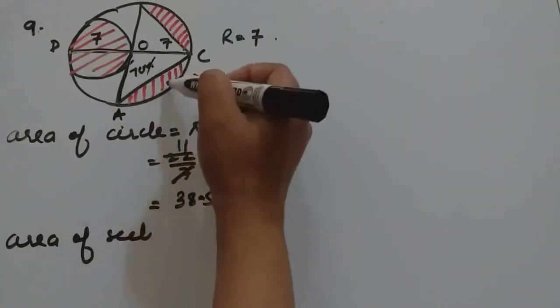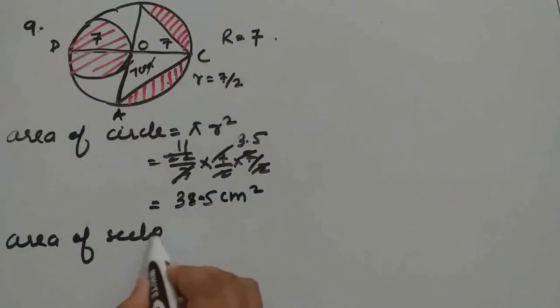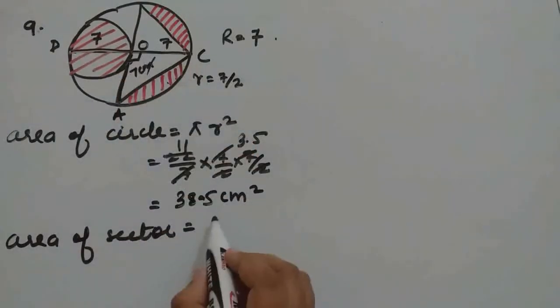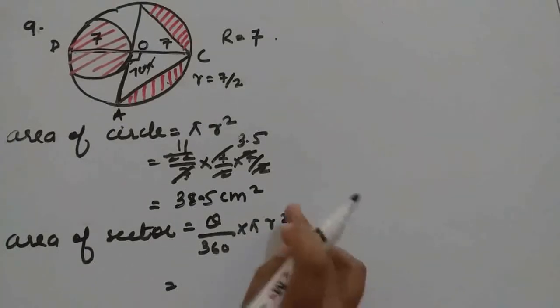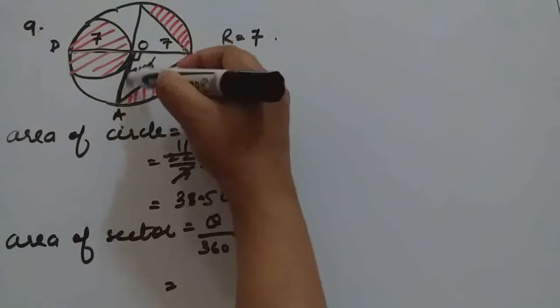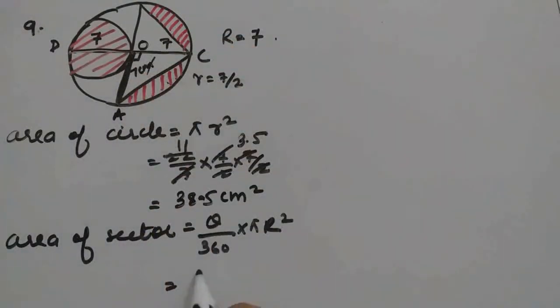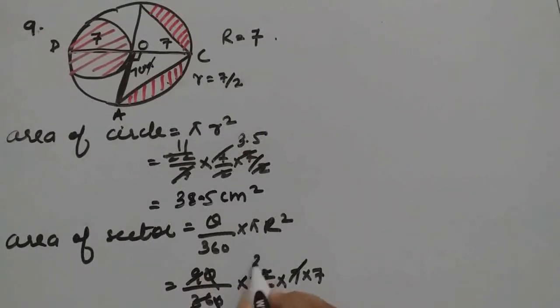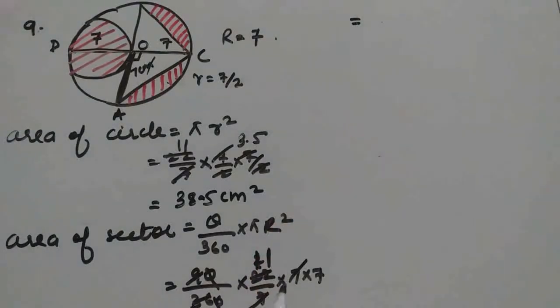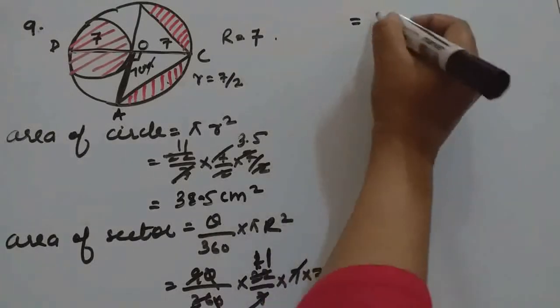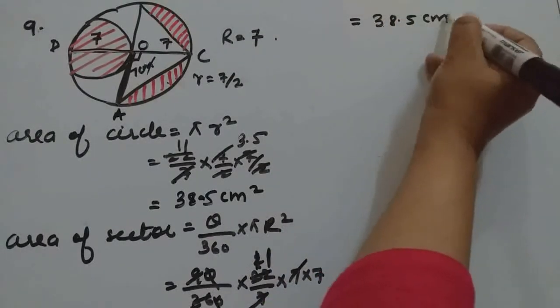This sector we will find minus the area of the triangle. So theta is 90 since both are perpendicular. So theta by 360 into pi r square. This time capital R since the radius is the radius of the bigger circle. So 22 by 7 into 49 by 4, 7 will go. So this also will give 77 by 2, means 38.5 centimeter square.